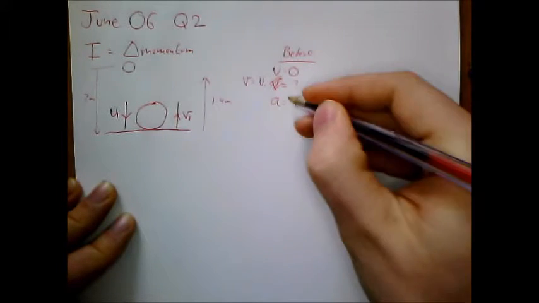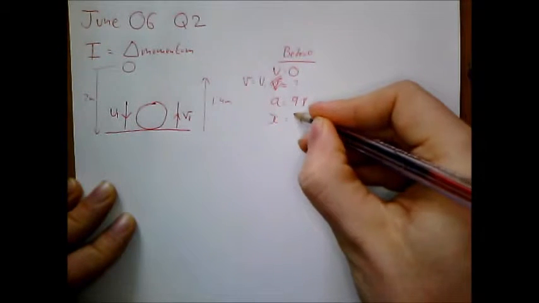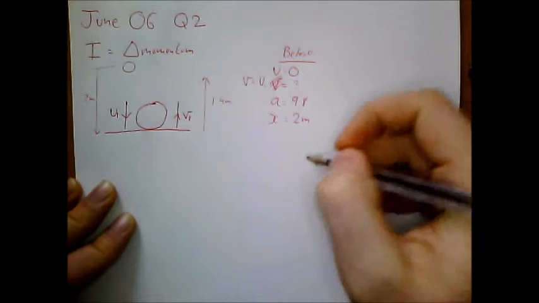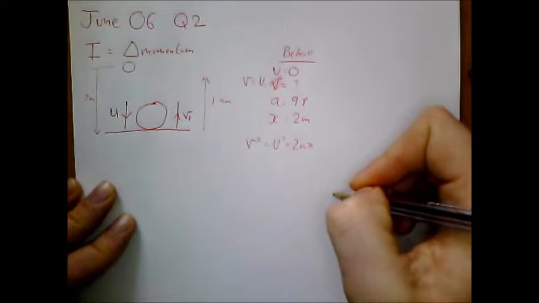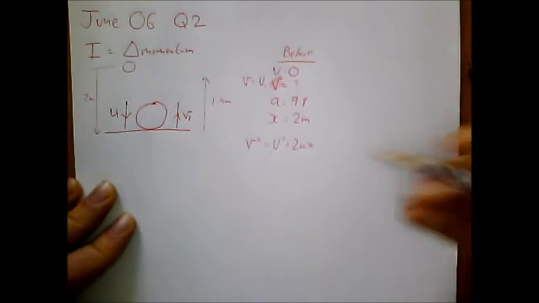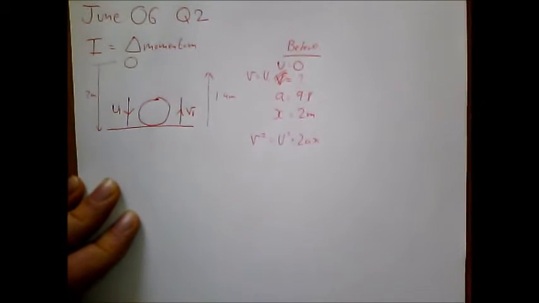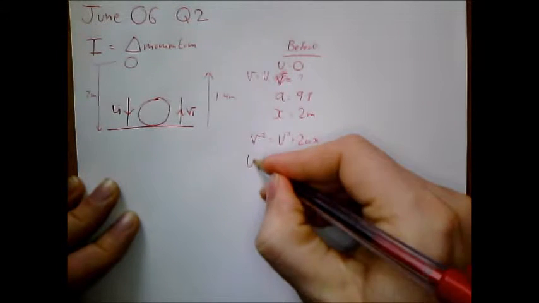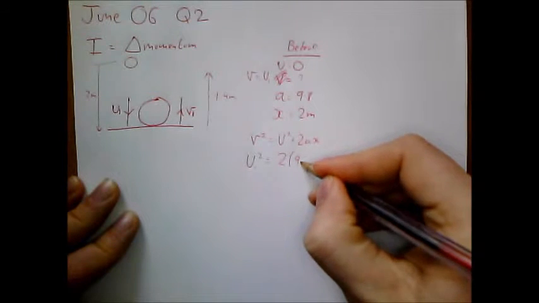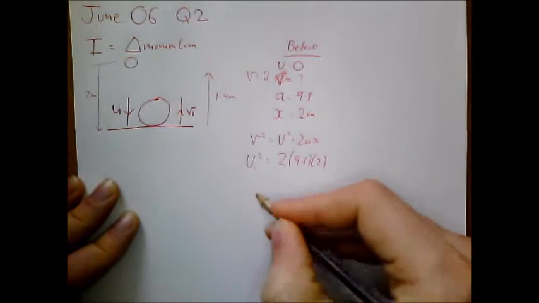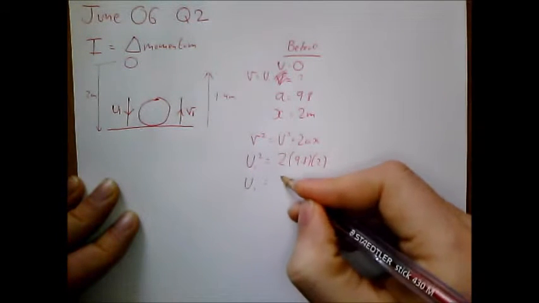We're going to resolve downwards, so its acceleration is 9.8 meters per second squared, and it has to travel a distance of 2 meters. So using v squared equals u squared plus 2ax, v1 squared equals 0 plus 2 lots of 9.8 lots of 2. So you should find that the speed it hits the ground is 6.26 meters per second.